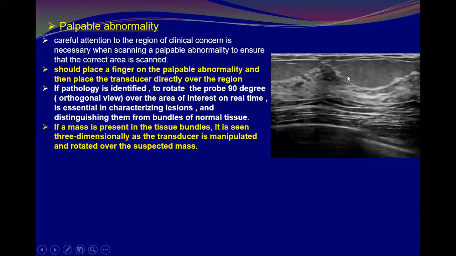When we scan, we can see this is just an area of a fibrous ridge. Obviously this is a fibrous ridge. The parenchyma is tented, and even here it is attached to the superficial fascia with minimal pulling, minimal tethering. Excellent.